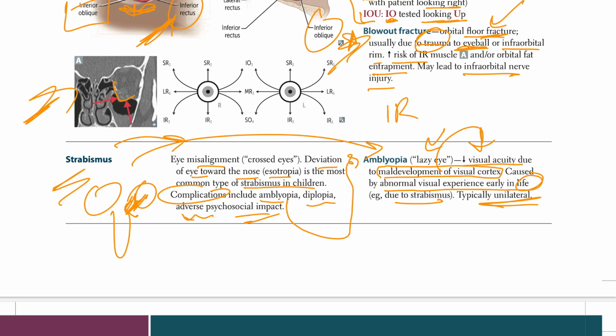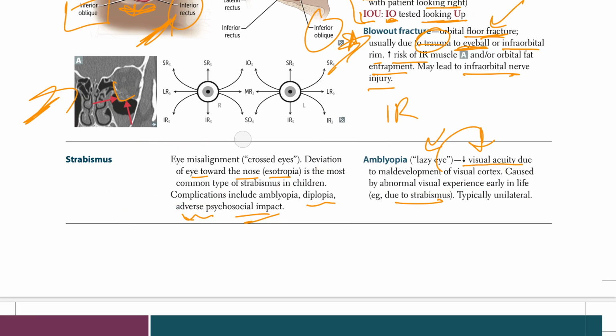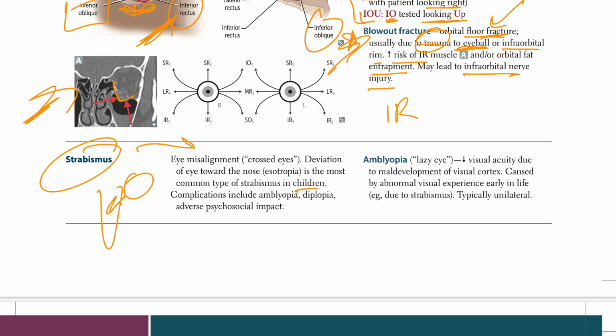Okay, so let's just recall strabismus again. It is the misalignment in children. If you see a child with one eye misaligned, deviated towards the nose, that's strabismus. But it could complicate into amblyopia, which is that side would not even develop because it was a child, right? So it wouldn't develop.